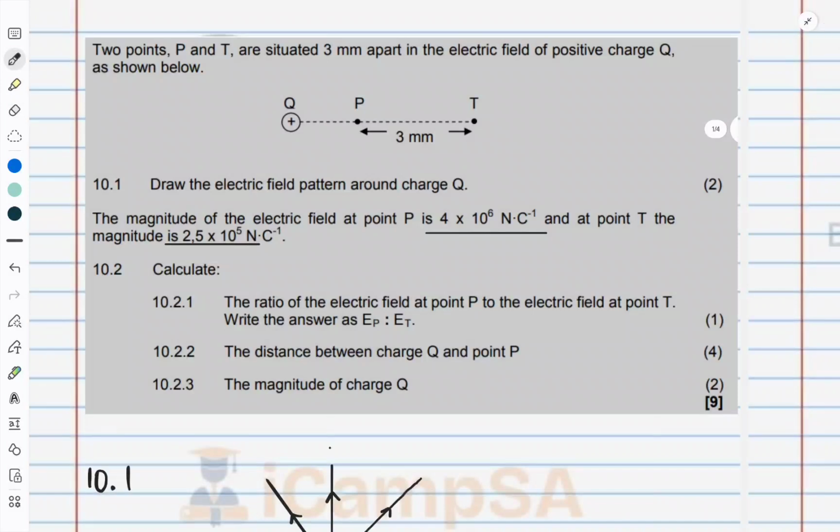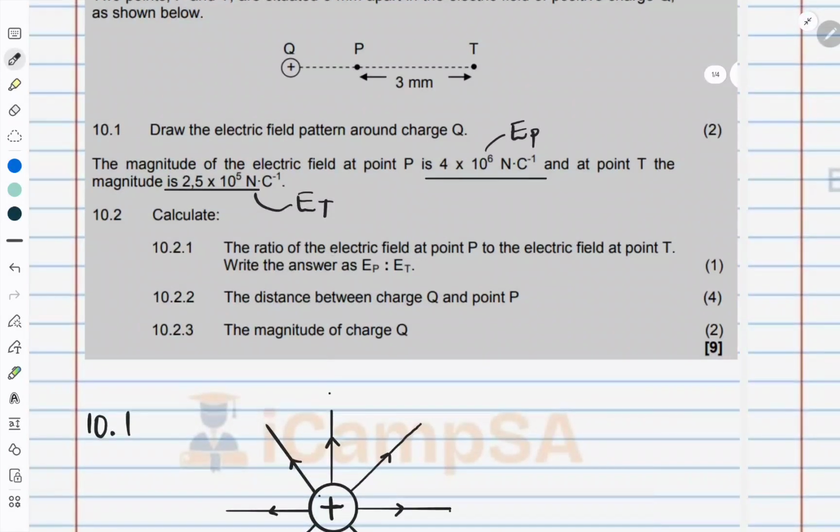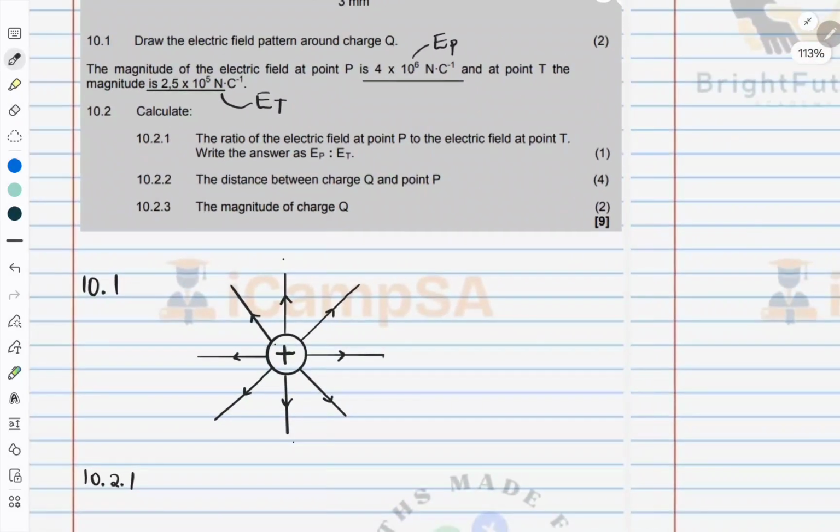We can call this EP, the electric field at point P, and this ET, the electric field at point T. So let's see what the question wants. Calculate the ratio of the electric field at point P to the electric field at point T. The answer is EP is to ET.